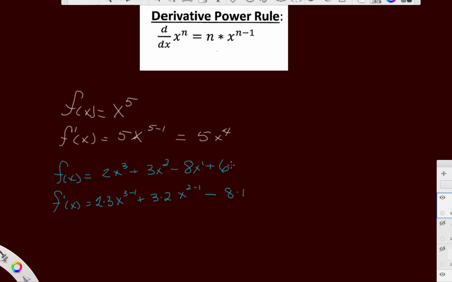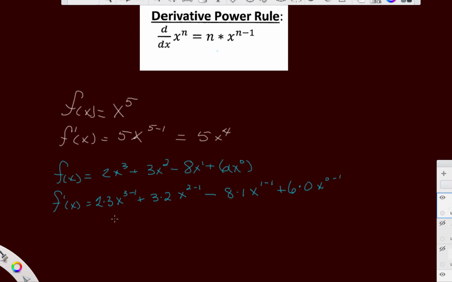Our power is 1, and this is actually an x to the 0 power if you think about it. Because x to the 0 power is just 1, and then 1 times 6 would be 6. So getting back to this 8 times 1, x to the 1 minus 1, see that there, and then lastly it's 6 times 0 times x to the 0 minus 1, and we're going to see what happens.